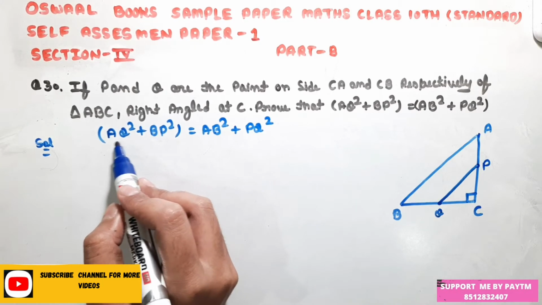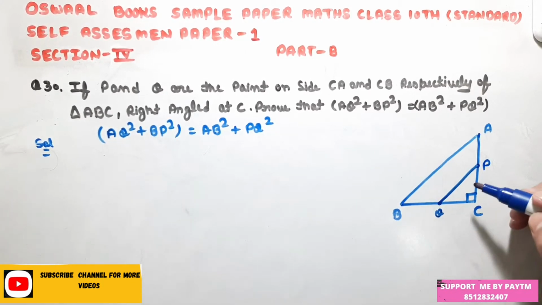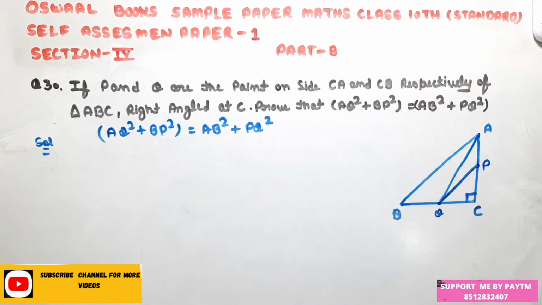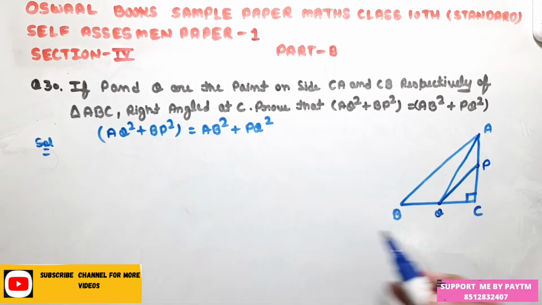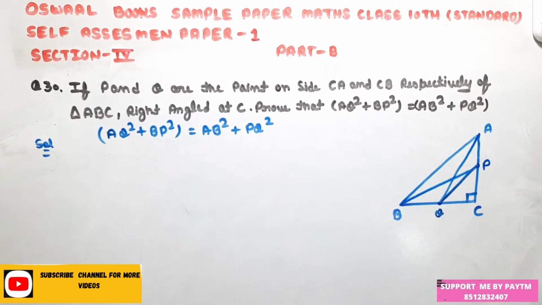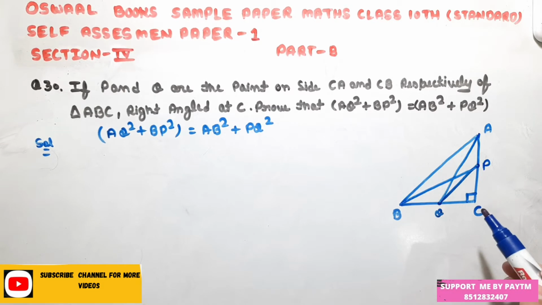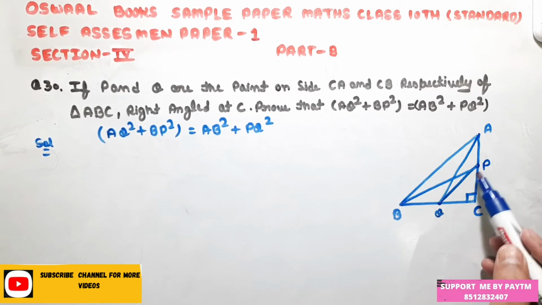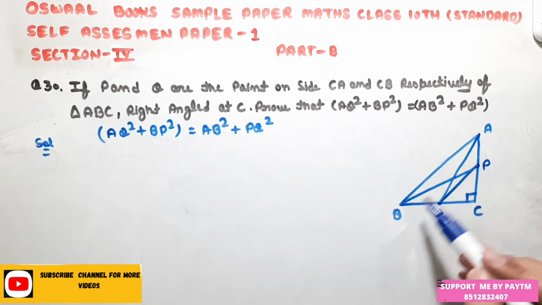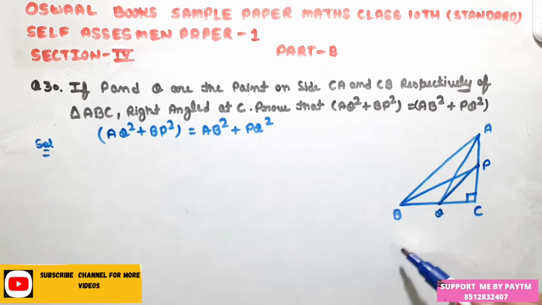Here we can see AQ square, so we have to connect A and Q. BP square, so we have to connect B and P. Here we can clearly see that there are basically 4 right angle triangles: PQC, PBC, AQC and ABC.